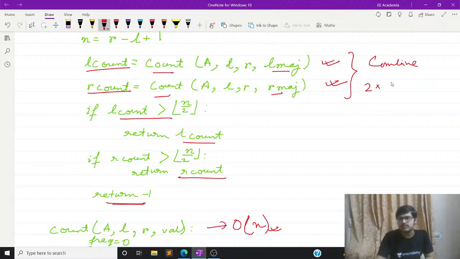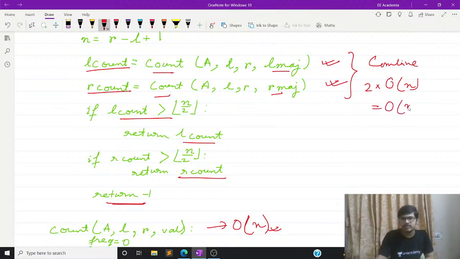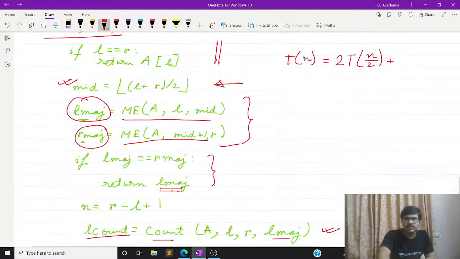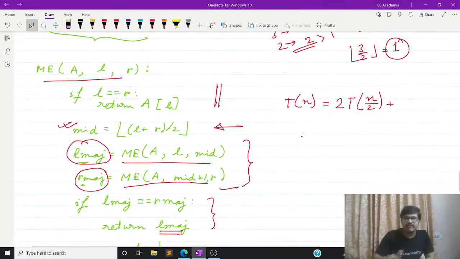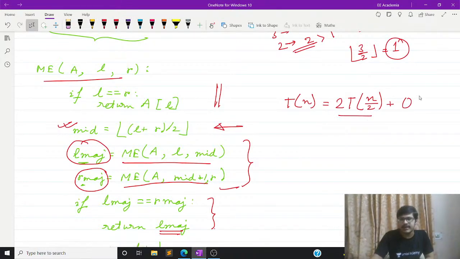Combine is 2 into O of n, which is nothing but O of n actually. Depending on these cases, you can simply return this or -1. So essentially, we divide the problem in two halves, solve the subproblems, and combine the results in linear time. So this is the recurrence relation for this algorithm.